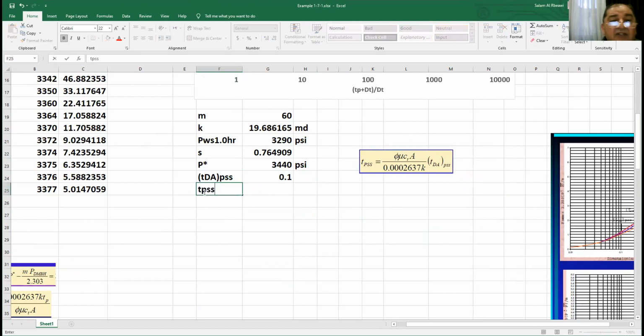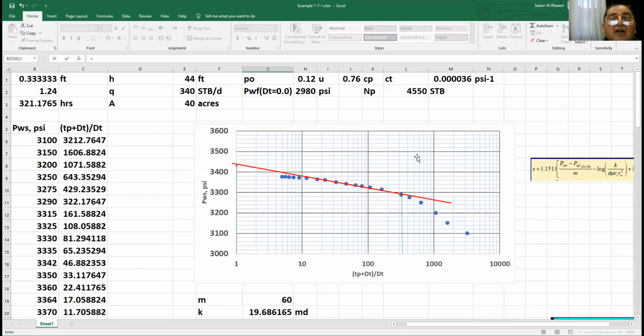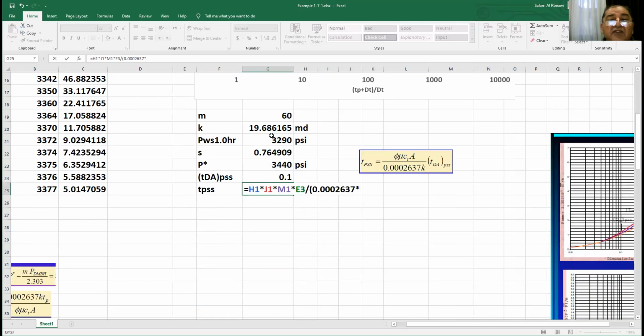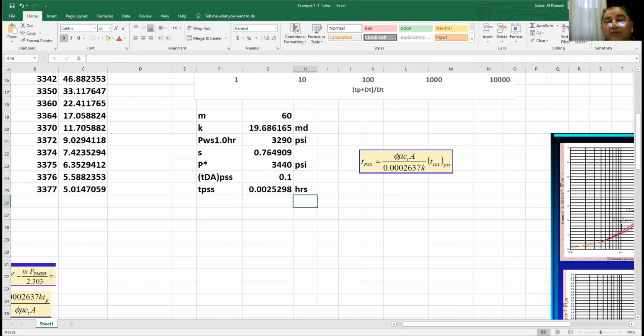So TPSS would be porosity, phi mu CT A, divided by 0.0002637 times K, this is K already calculated, times TDA PSS. This should be in hours.